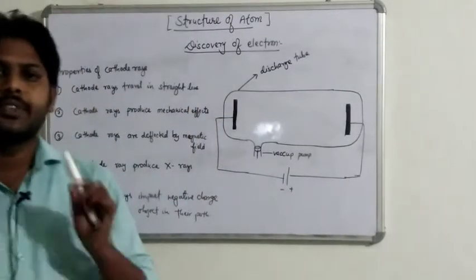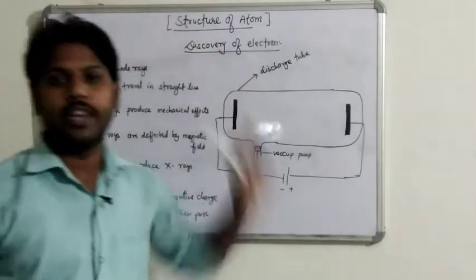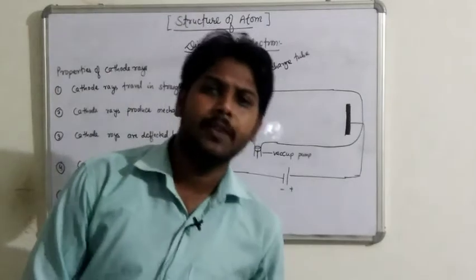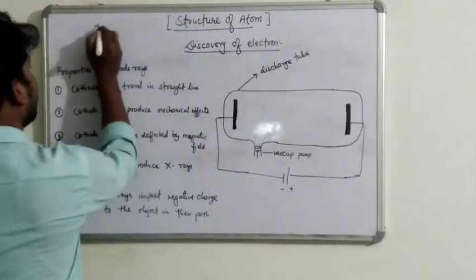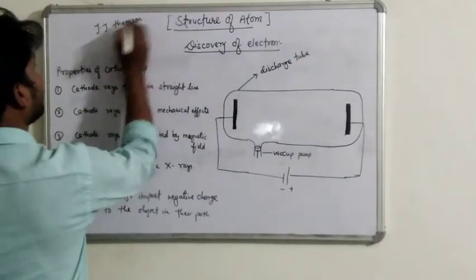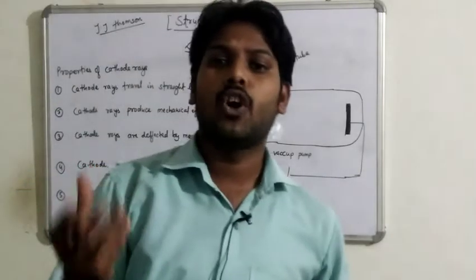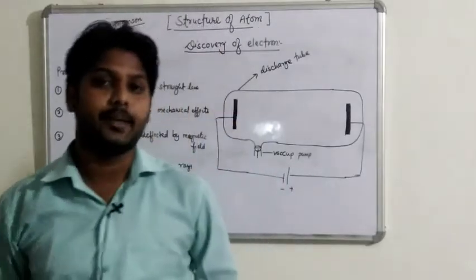Now students, first we are going to read about the discovery of electrons. Okay, now students, note in your copy that J.J. Thomson was the first scientist who found the existence of electron in an atom.